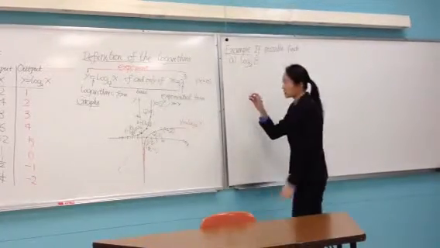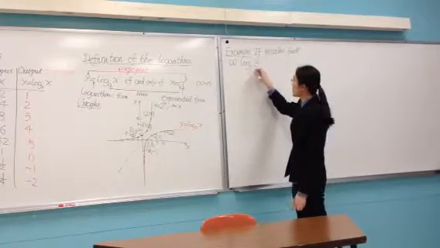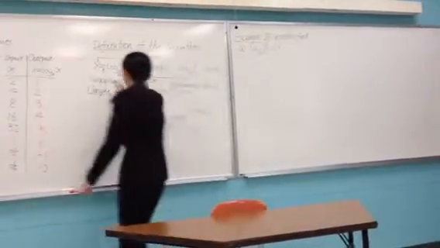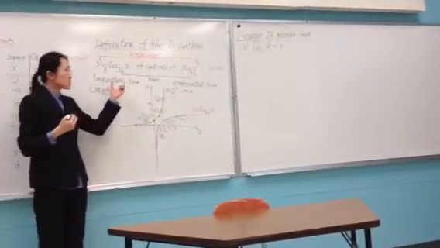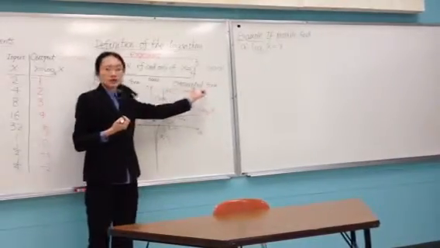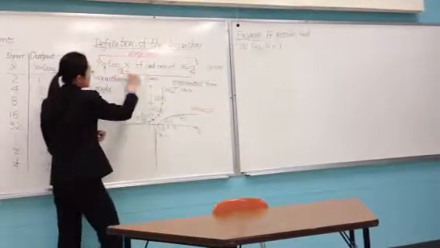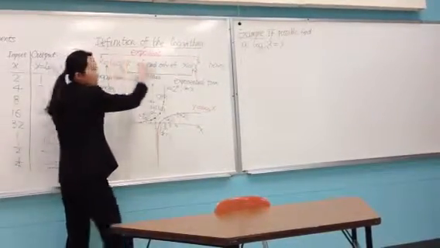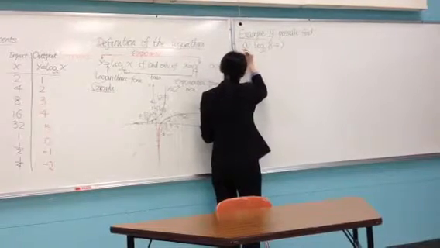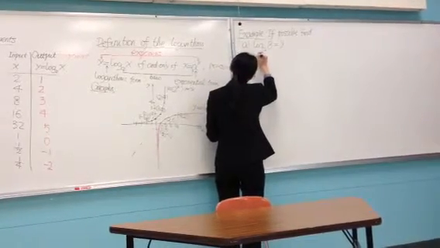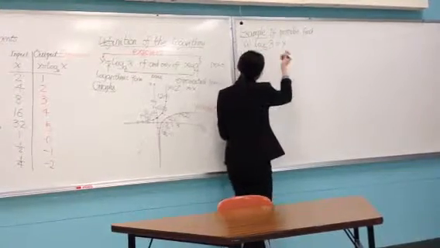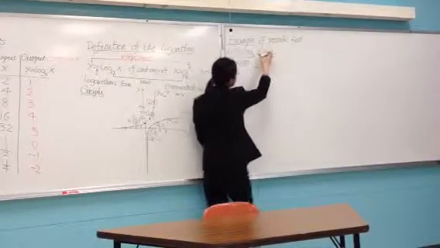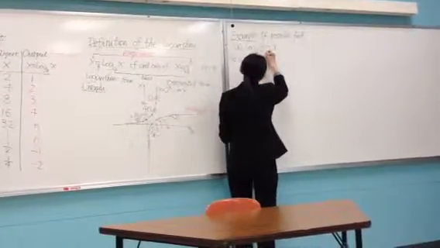Okay, let's think about how we can solve this one. Suppose we call this number y. Okay, now we have the logarithm form. Let us change this logarithm form into exponential form. So remember, you're going to put a base here. They are inverse functions of each other. Then we switch the input and output. So change into exponential form, put a base 2 here, switch the input and output.